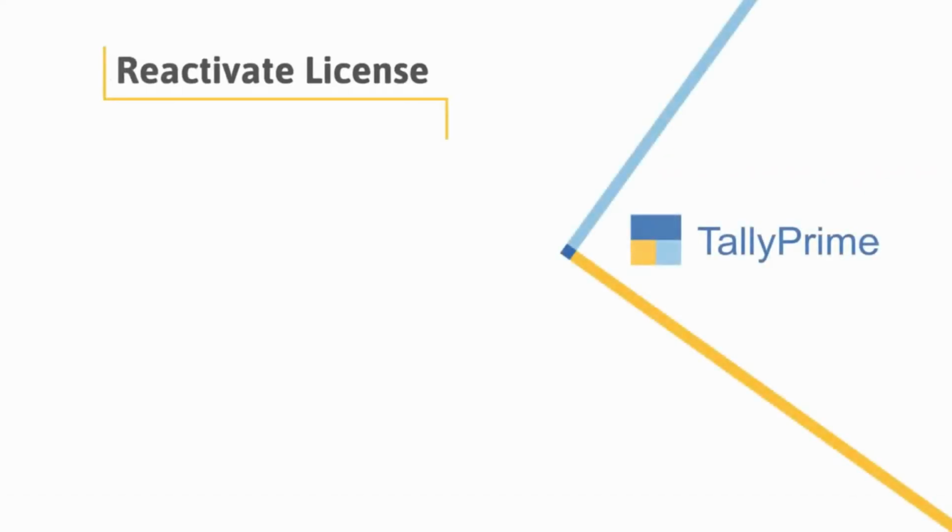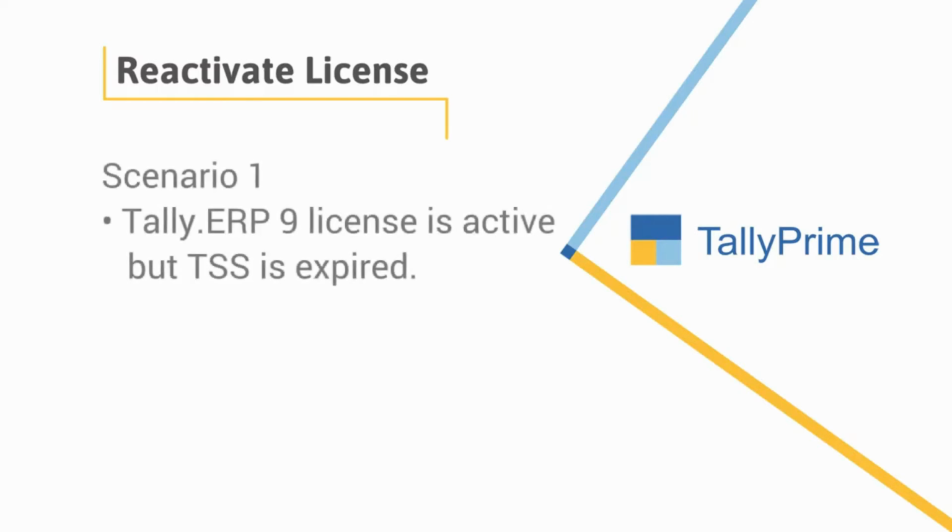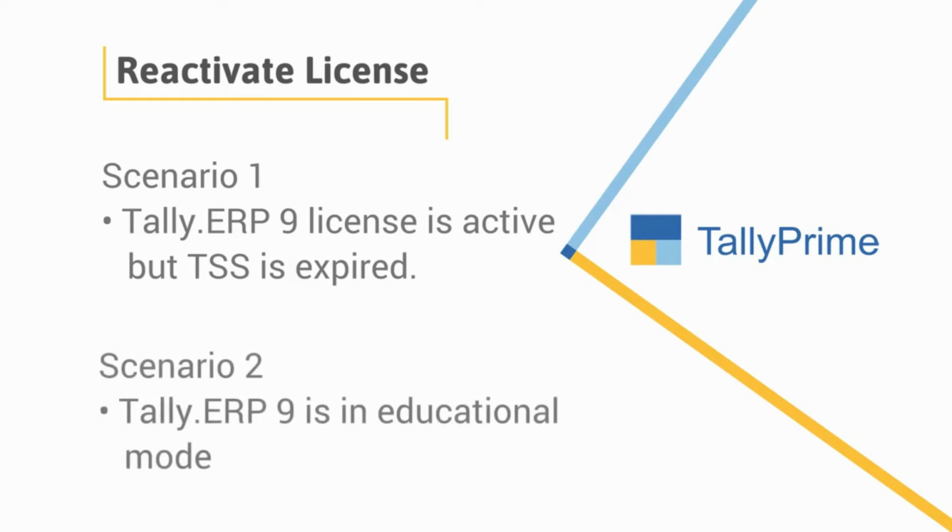You will have the need to reactivate your Tally ERP9 license in TallyPrime in two scenarios. The first scenario is when you update from Tally ERP9 to TallyPrime and the license is valid but TSS is expired, or when Tally ERP9 is in educational mode.